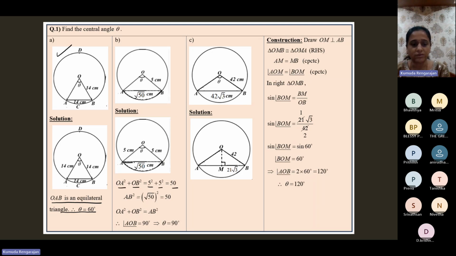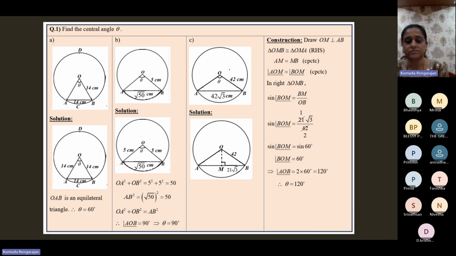We know that AB is the longest side, so we square that separately, and then the sum of the squares of the other two sides separately. So you see that it's 50 in both the cases. So OA square plus OB square is equal to AB square, which means the angle opposite to the longest side AB is a right angle. Therefore, angle AOB is equal to 90 degrees, which means theta is 90 degrees.